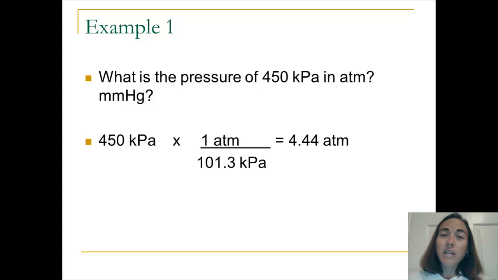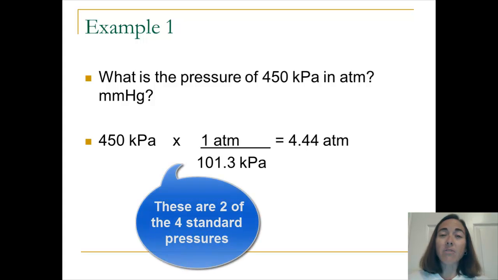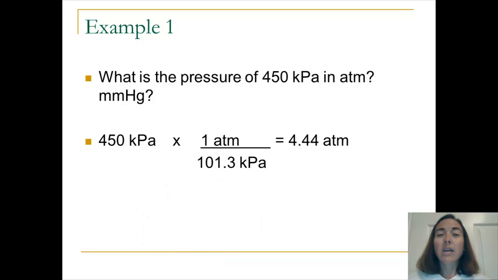Those standard pressure values that I gave you in the last slide and the ones that are in your reference table are the numbers that make up this conversion factor. So I have 1 atmosphere for every 101.3 kilopascals. Now what happens is that kilopascal cancels with that one, and when you do the math in your calculator, you're going to divide by 101.3, you end up with an answer of 4.44 atmospheres.